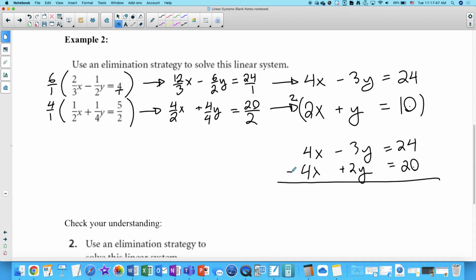So 4x minus 4x is 0. Negative 3y minus 2y is negative 5y. And 24 minus 20 is 4. So I can just divide by negative 5. And I get that y equals negative 4 over 5.